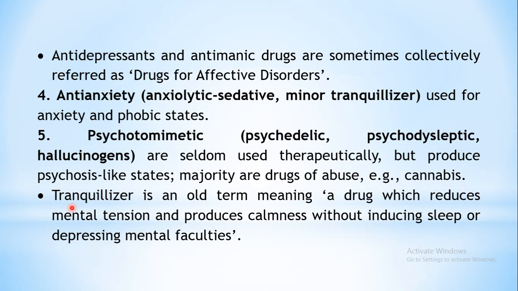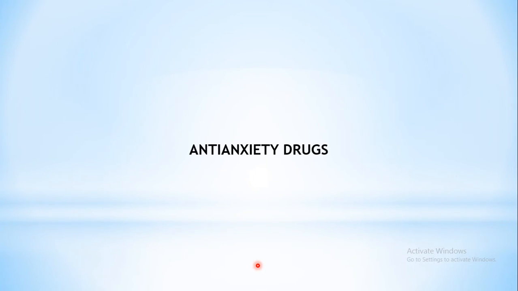That is how the term is given. Anti-anxiety means to calm down the particular person. Now this has to do with psychiatric disorders and the various treatment lines which can be given. Out of these we are going to start with the first chapter, that is anti-anxiety drugs.